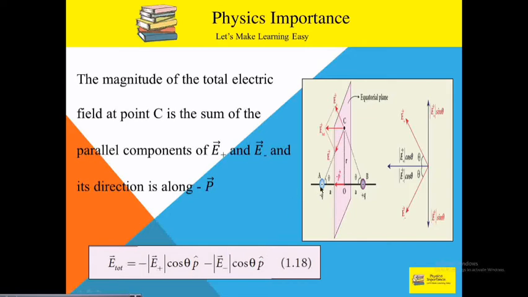P vector means negative to positive. But here we are having the resultant, it is positive to negative only. Since it is positive to negative, here we are introducing one negative sign. So negative to positive means simply P cap. So here positive to negative means minus P cap.